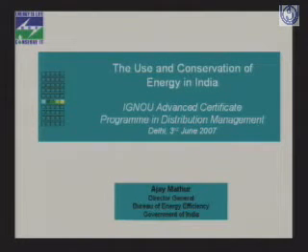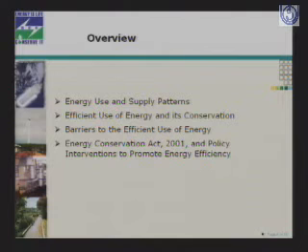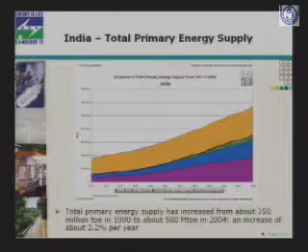If we look at the energy use, we notice that over the past say 35 years, the amount of energy used in the country has increased by something like 3 times.